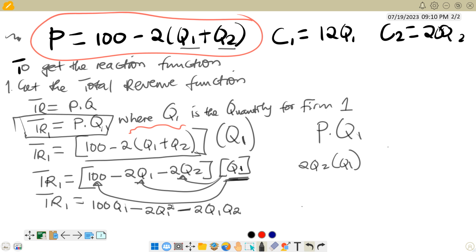So now this is the correct total revenue function. Remember, what we want is to get the reaction function, but before that, the first step is to get the total revenue function.